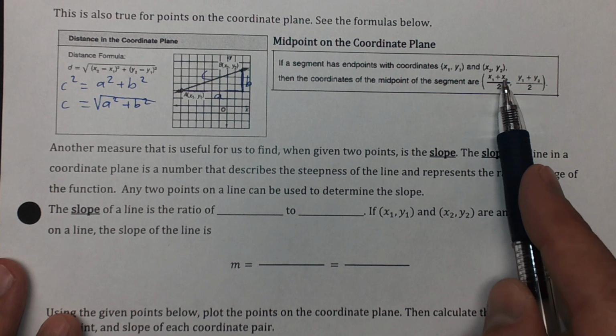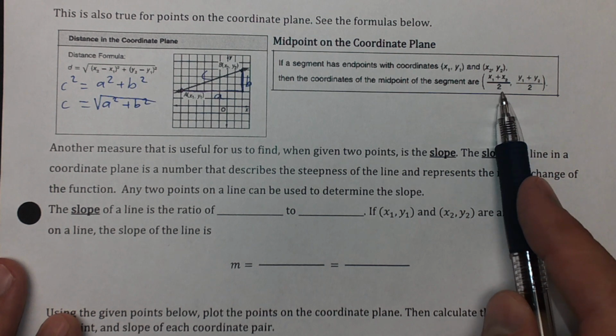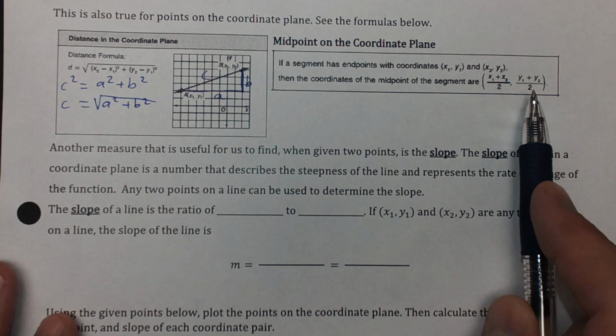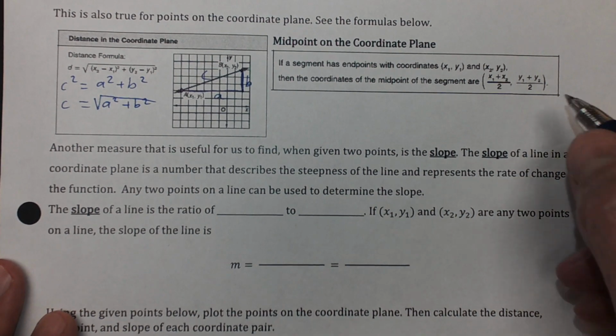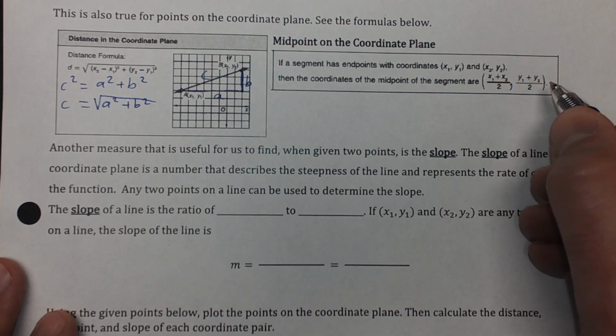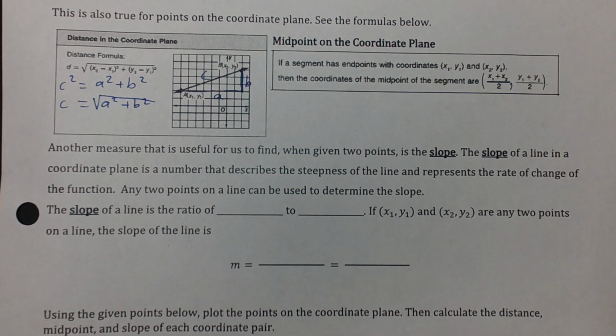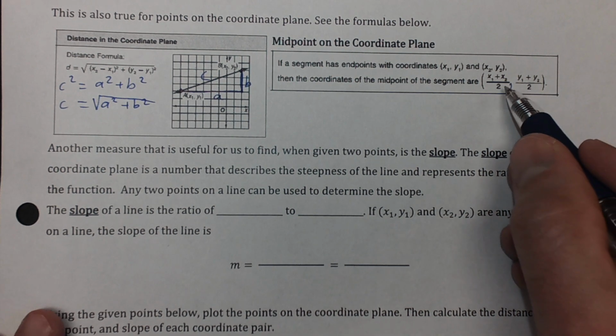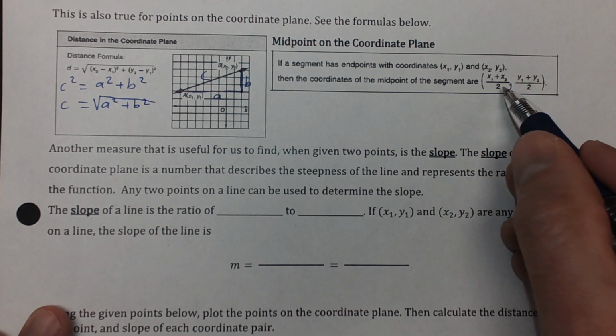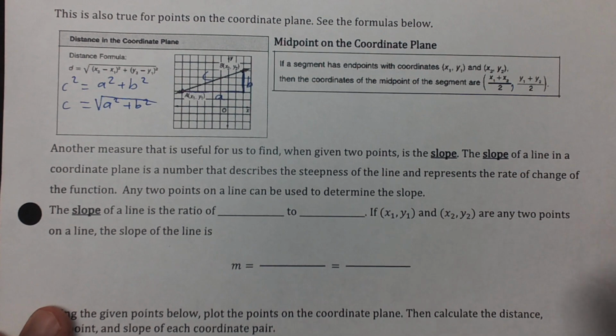Add up the two x values, x1 plus x2, divide by 2, and then put a comma, because that's our x coordinate, and then our y coordinate, we do exactly the same thing. y1 plus y2 divided by 2. So now we have our midpoint as an xy coordinate, the x value, comma, the y value.